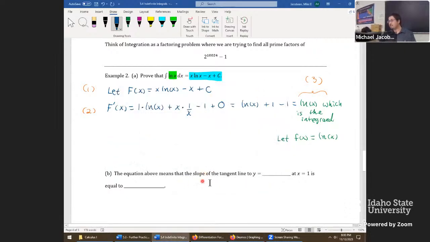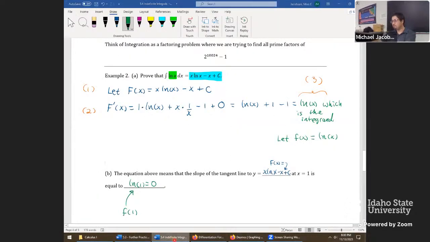It looks like the slope of the tangent line to y equals x natural log x minus x plus the constant, or it's also indicated as the f of x function, at x equals 1 is equal to natural log 1, which is 0. Let's indicate this one as f of 1 altogether.